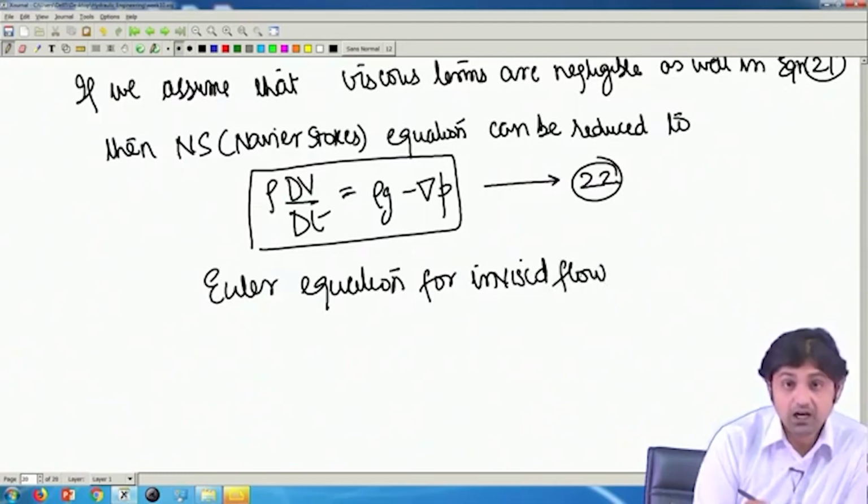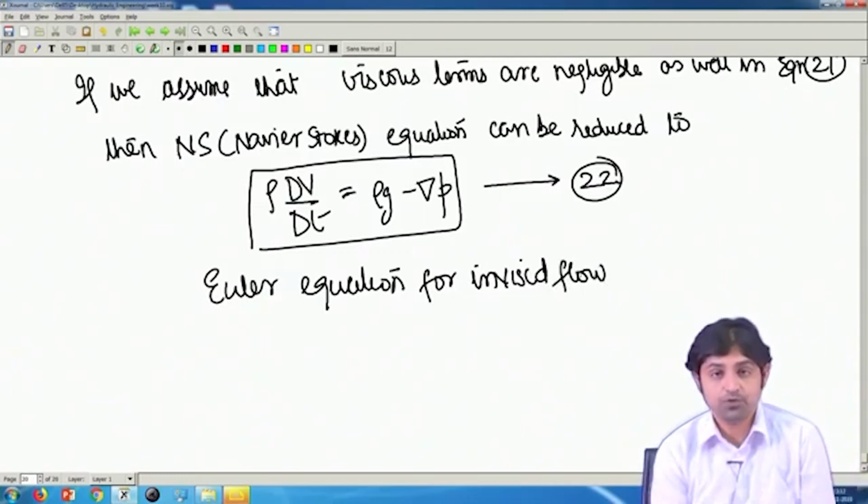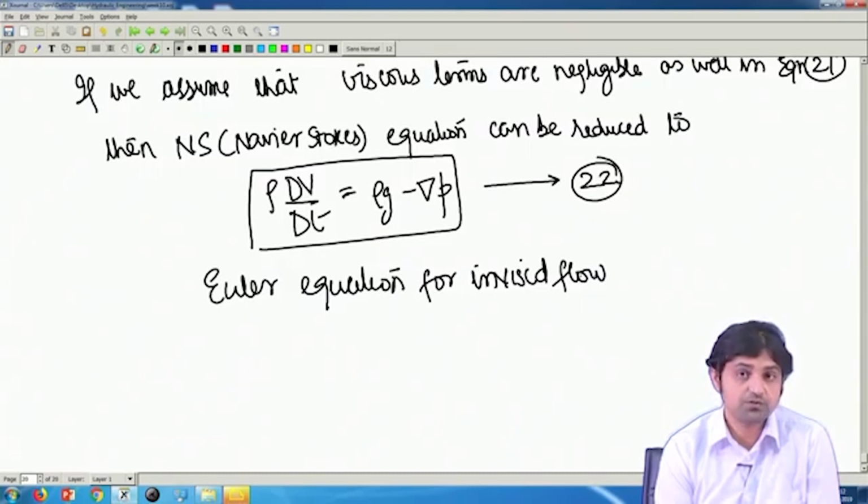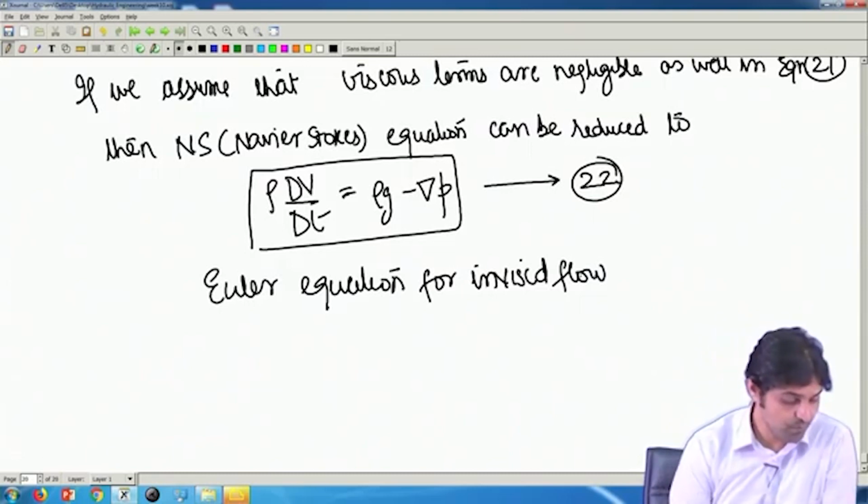So, now you see how these equations have come into existence, going to the origin of these equations.